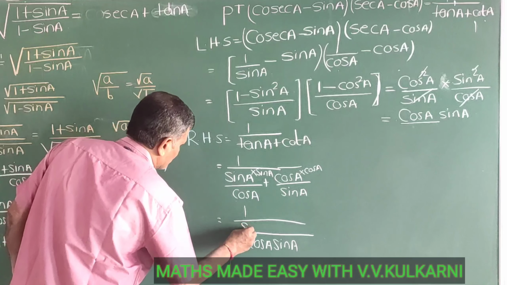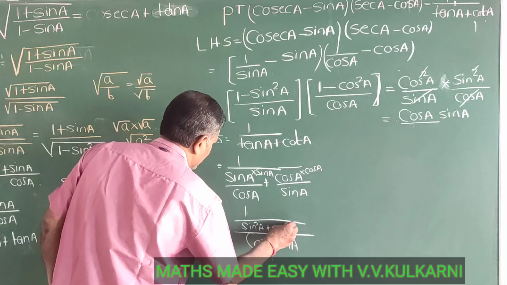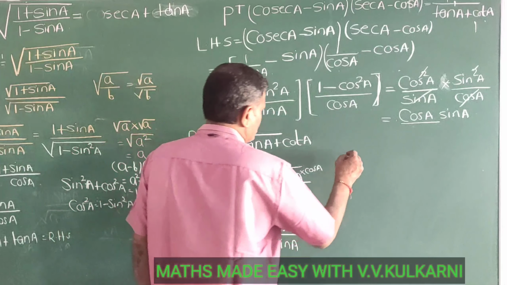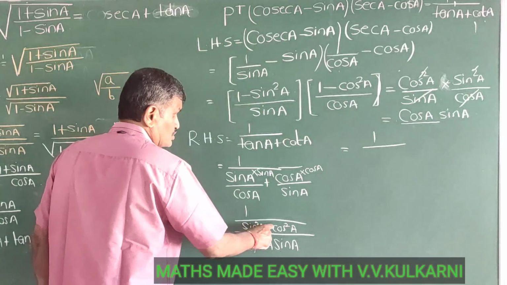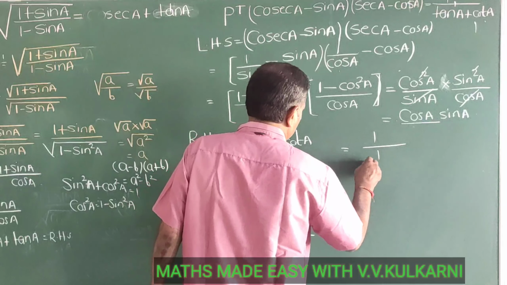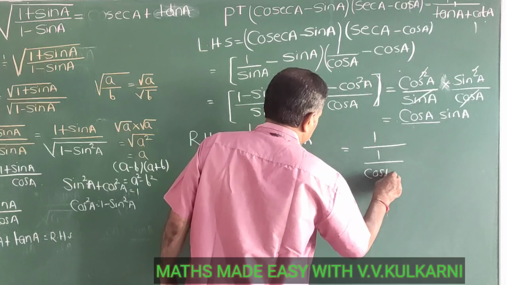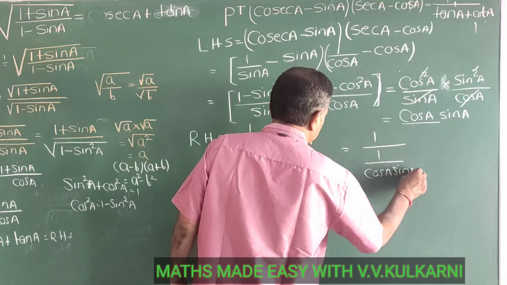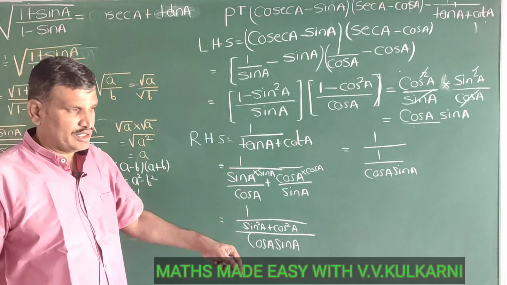So this becomes sin squared a plus cos squared a. This is equal to 1 by, you already know the identity sin squared a plus cos squared a, so it is 1 by cos a into sin a. So this is just like 1 by cos a by sin a.